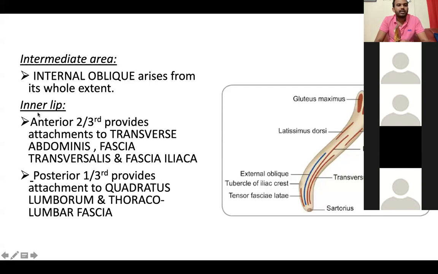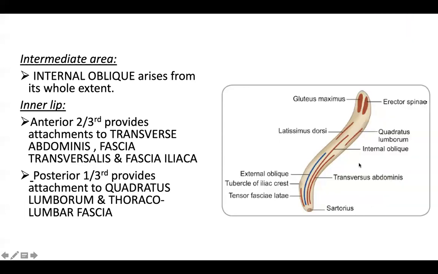Yes, the inner lip, the anterior 2/3 provides attachment to the transversus abdominis, fascia transversalis, and fascia iliaca. Not only that, it also provides attachment to the muscle quadratus lumborum and thoracolumbar fascia.